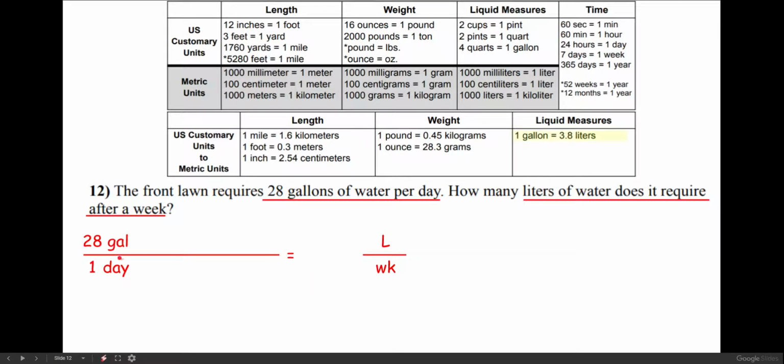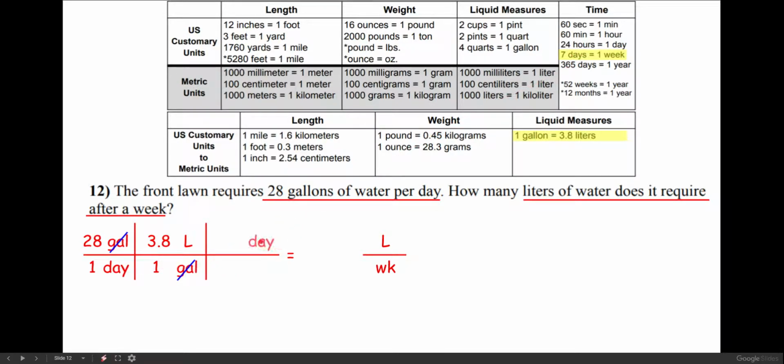So let's do the gallons first. 1 gallon is 3.8 liters. So let's put gallons on the bottom so that we can cancel that out, and then write the conversion. 1 gallon is 3.8 liters. Now we have liters on top. We're good on that. We need to change days to weeks. The day to week conversion is 7 days in 1 week.